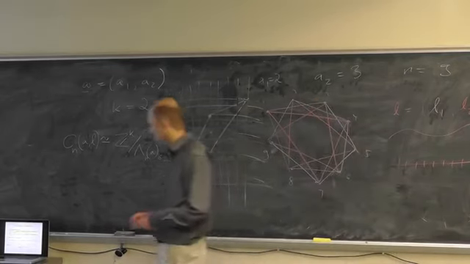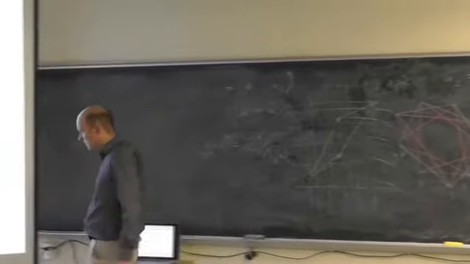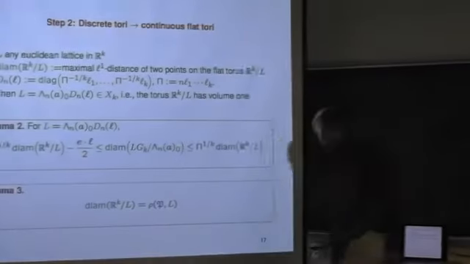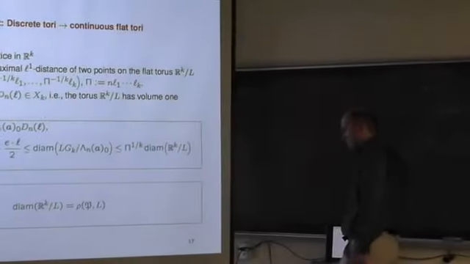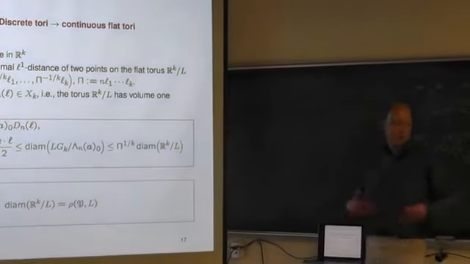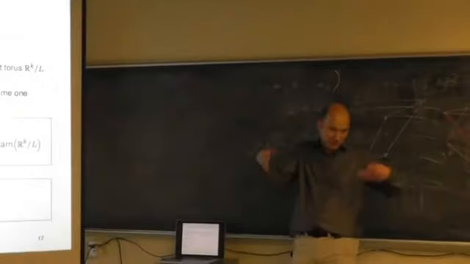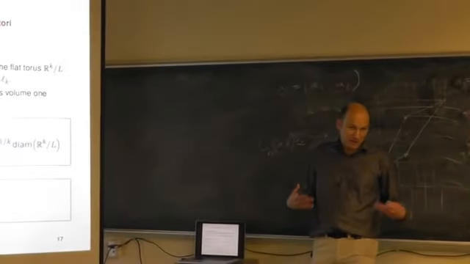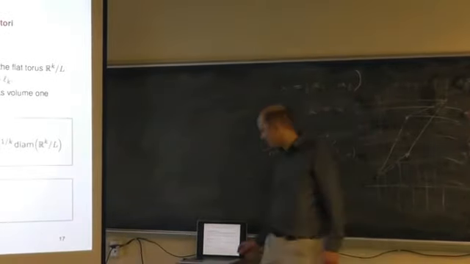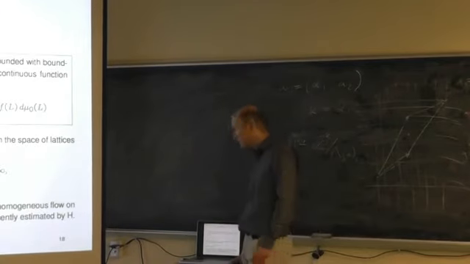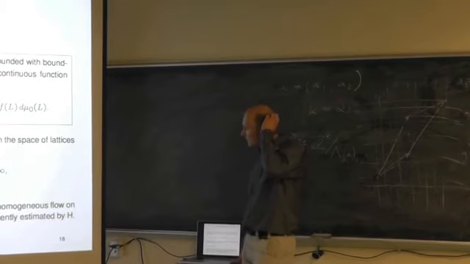So certainly the diameter, you can see from here that it's well defined, because the covering radius of the lattice is well defined. And just changing points in the lattice, that's the SL2Z action, right? That's well defined. So that works. Now, where are we?